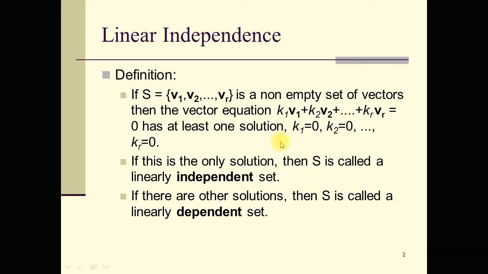In the case of non-trivial solutions, the vectors will be linear dependent, and this set will be called a linear dependent set. So if the vectors are linear independent, then this set is called the linear independent set, and if the vectors are dependent, then this set is called a linear dependent set.